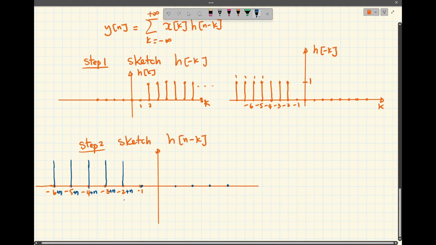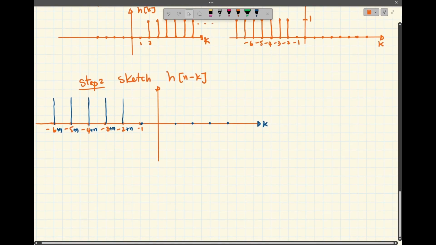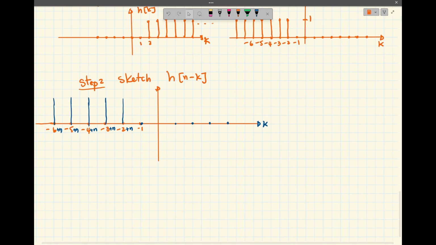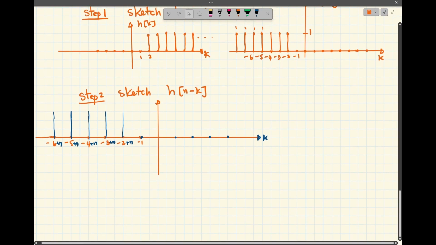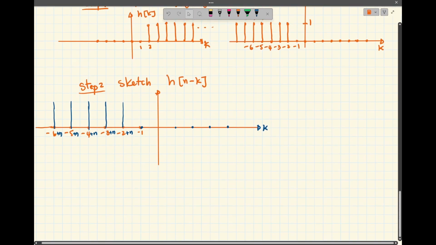This n is a variable, so negative 2 plus n could be anywhere. So that's h of n minus k.